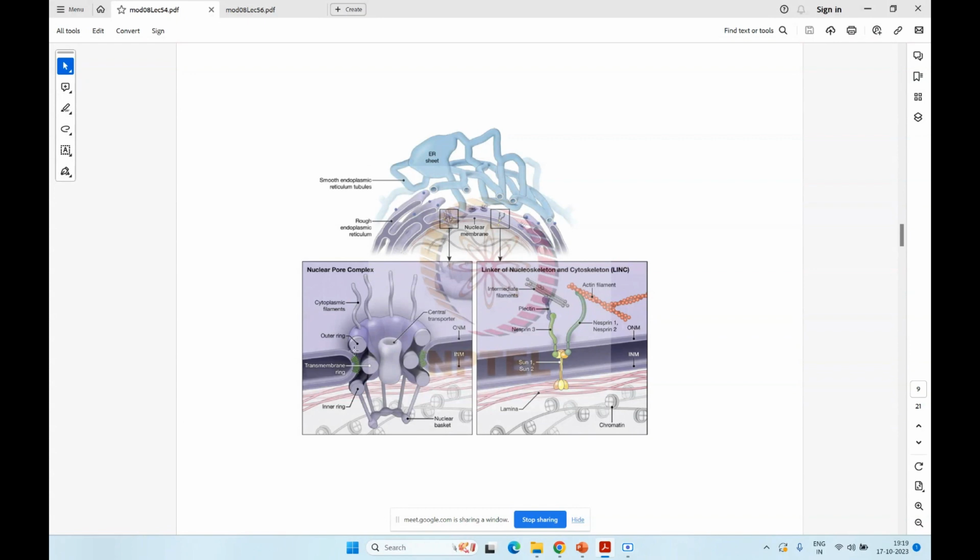There are multiple proteins which make up this structure.